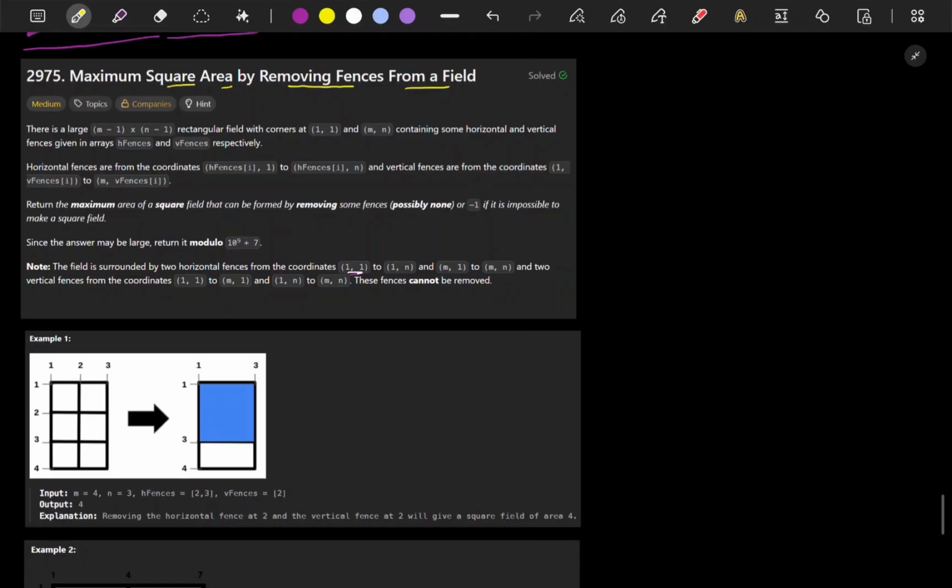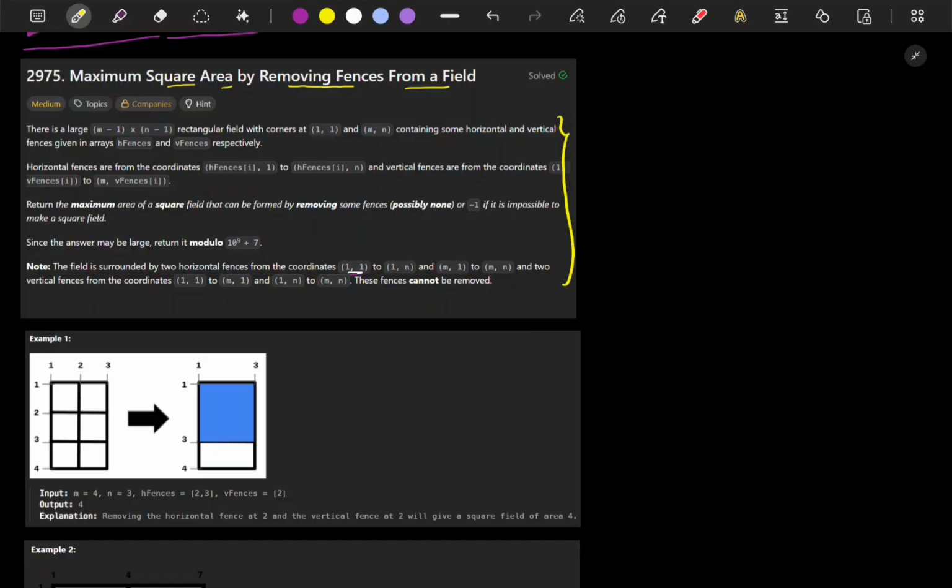I am hoping you have first tried it by yourself and only then are coming to watch the solution. If you haven't tried, I would request you to sit for at least half an hour to give this question a try, and first at least understand what the problem is saying, because it will take a little time, and then try to solve it by yourself.